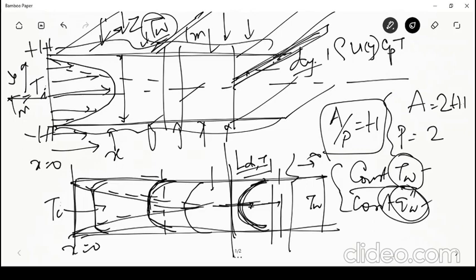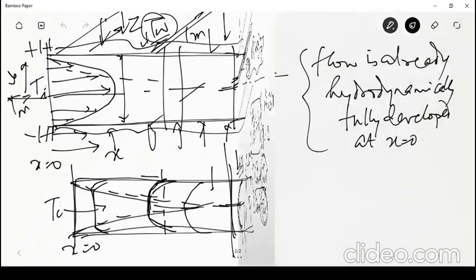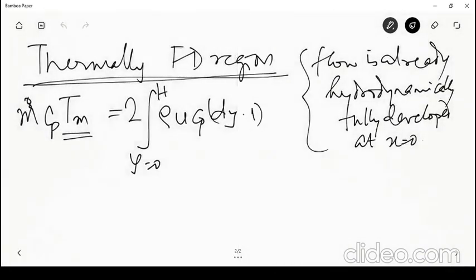Multiplied by Cp into T, that is the amount of energy flowing through it. Integrated from 0 to h, this is half of the energy, and multiplied by 2 it is the full energy. So that is what we are doing here, multiplied by the temperature at that location.